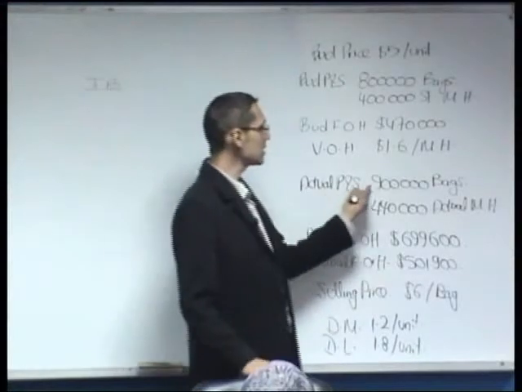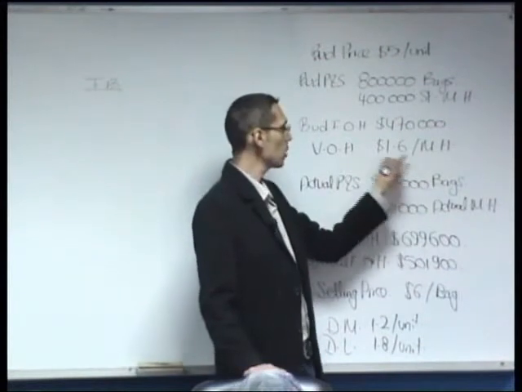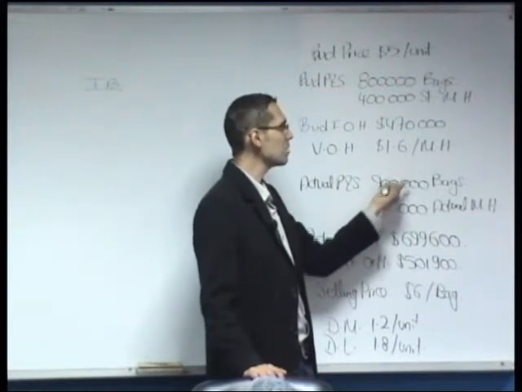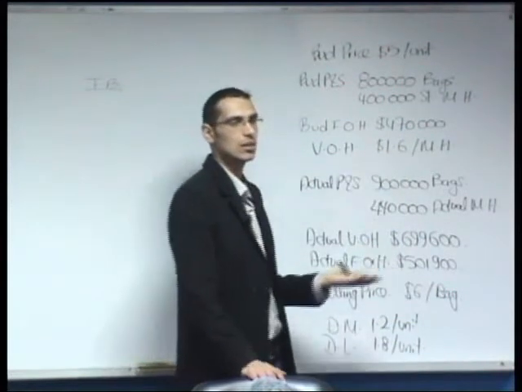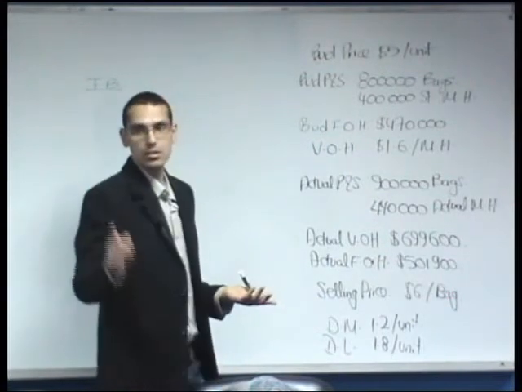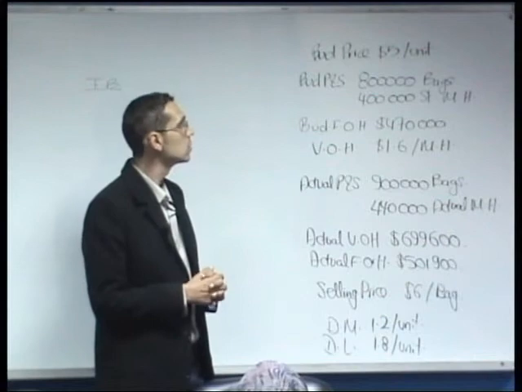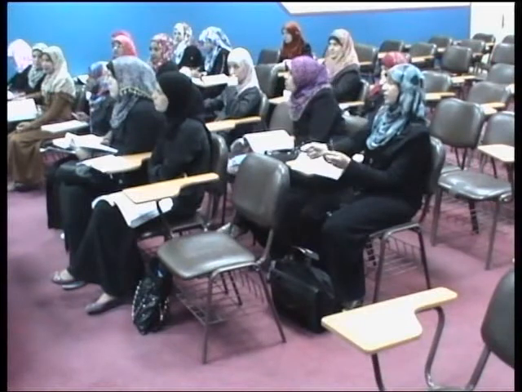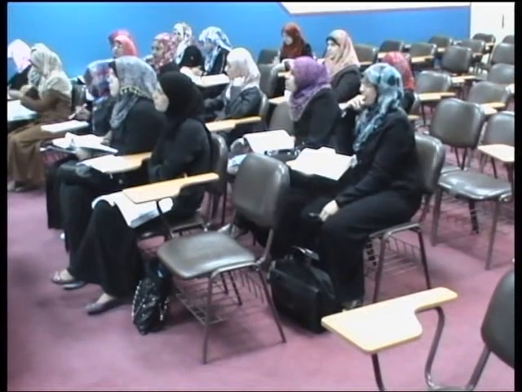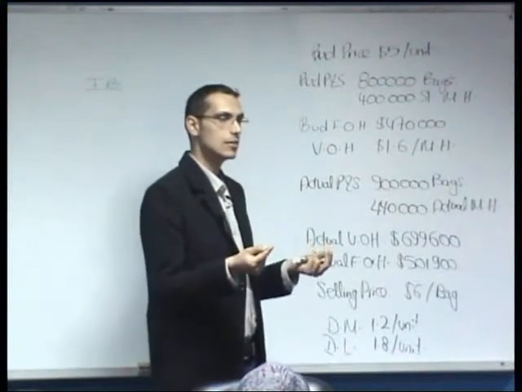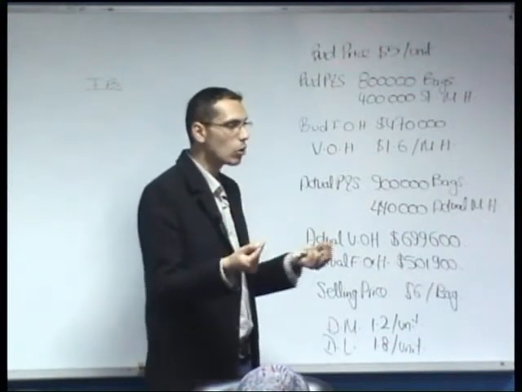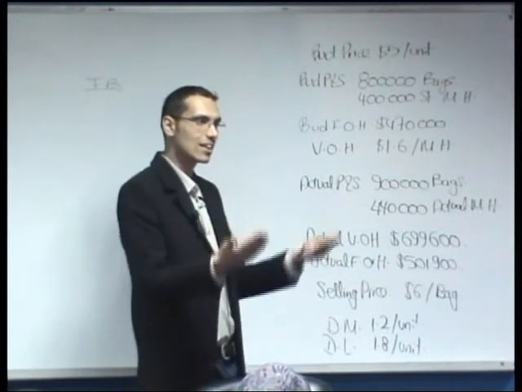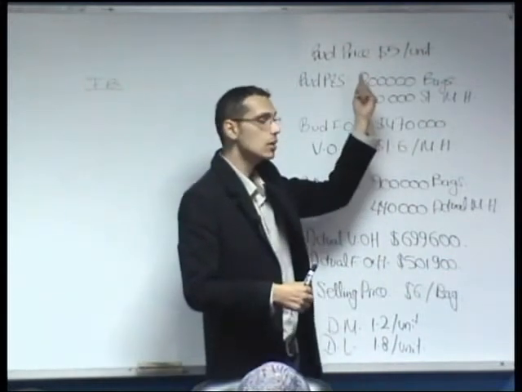The 900,000 is bags, number of units, and the 1.6 is the dollars per machine hour. So dividing the 900,000 bags by the 1.6 would not give me anything. Maybe divide the 400,000 by 800,000? Excellent. Therefore, first of all, we need to calculate the standard machine hours for one unit.